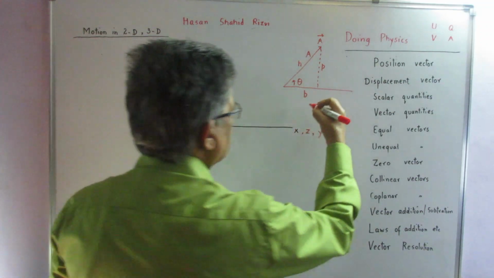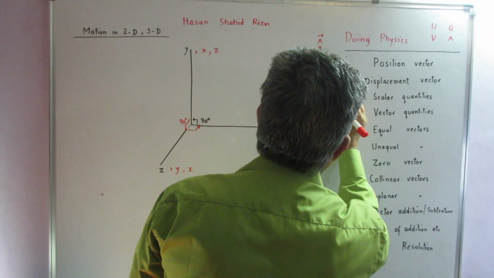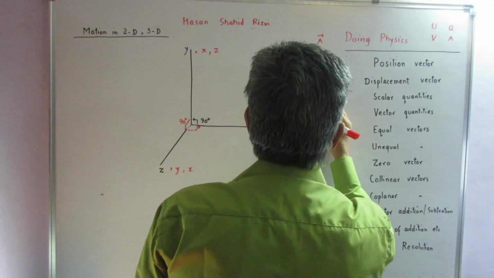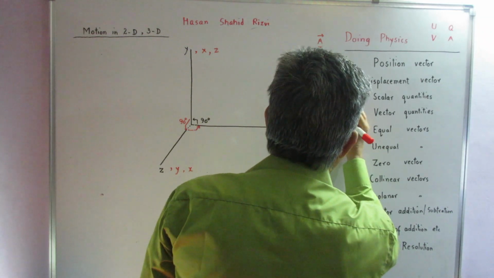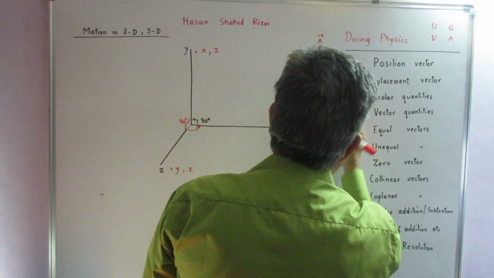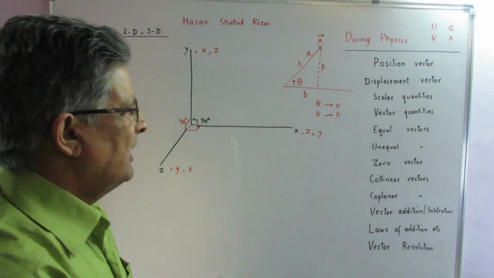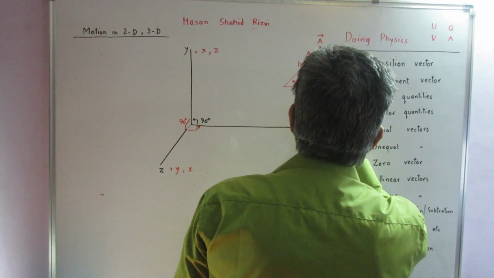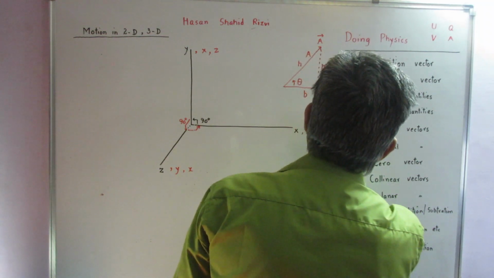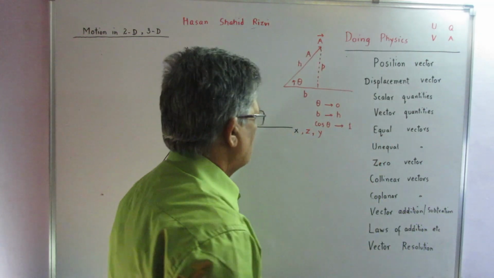So if theta tends to 0, the base tends to be equal to the hypotenuse. And therefore, base upon hypotenuse is cos theta, and cos theta approximates 1.